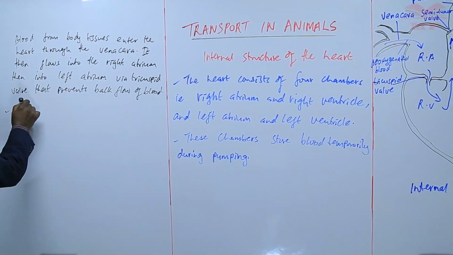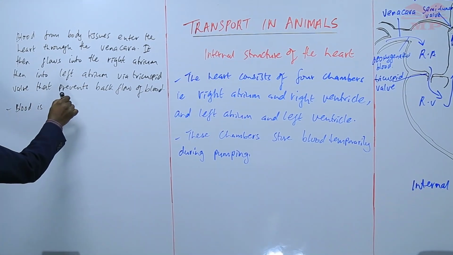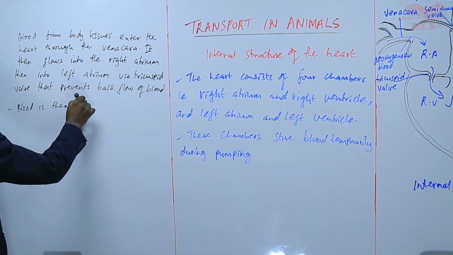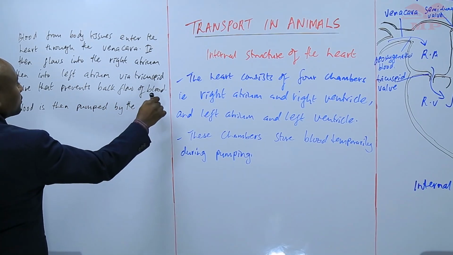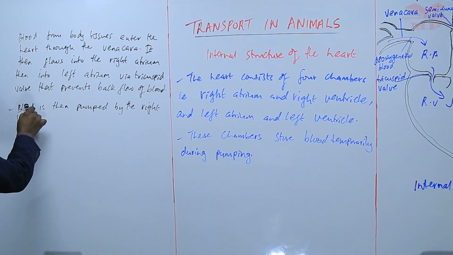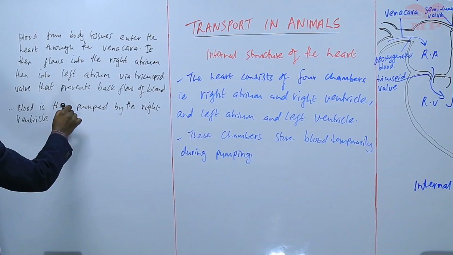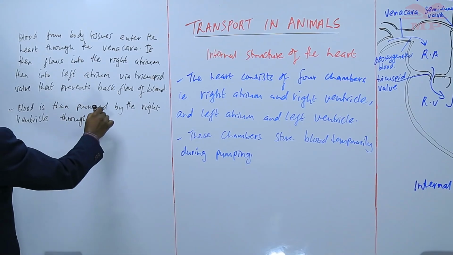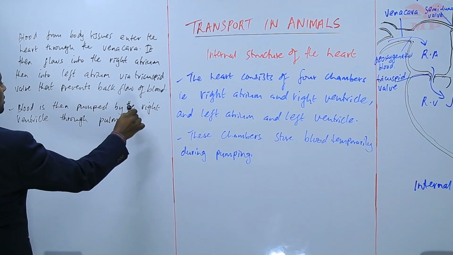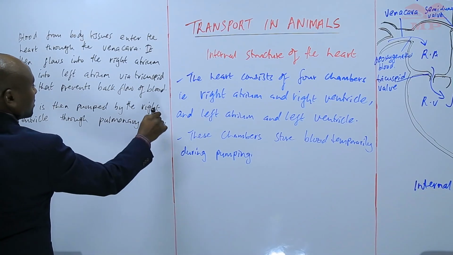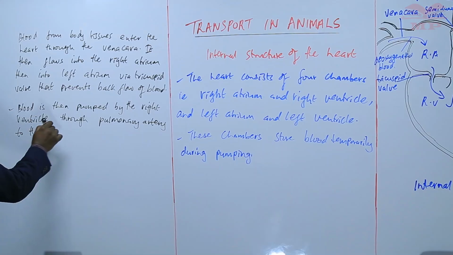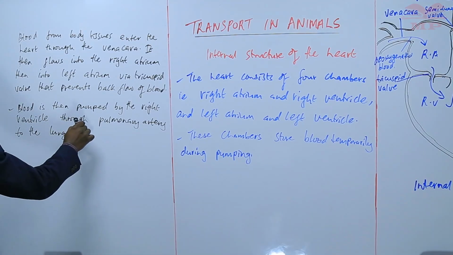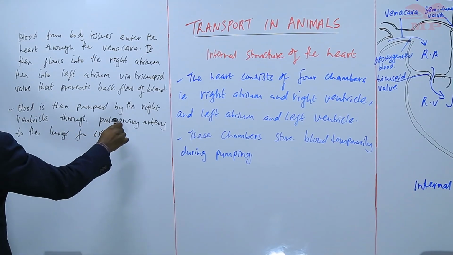Then blood is pumped by the right ventricle through the pulmonary artery to the lungs for oxygenation.